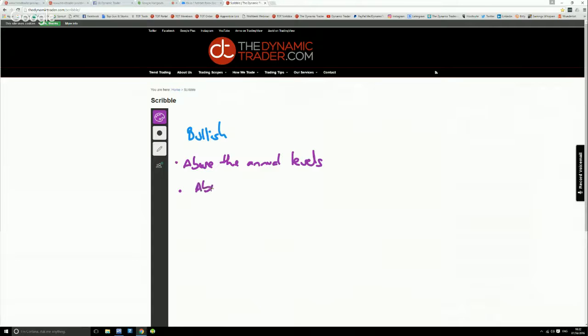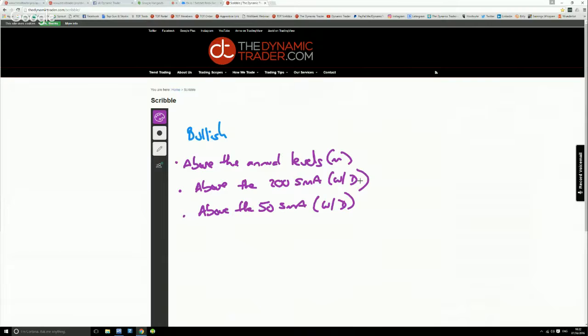We want to be above the 200 SMA, and we want to be above the 50 SMA. This is on the weekly and the daily. That is me now being able to define my edge.